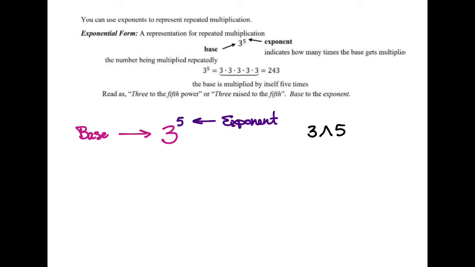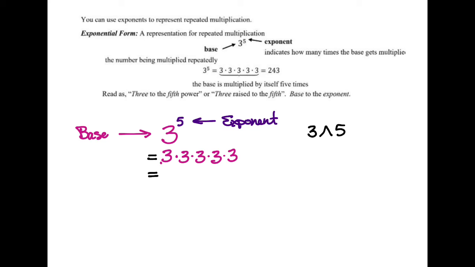So what does it really mean? The little 5 up here at the top tells you how many 3's are going to be multiplied together down here. So we have 1, 2, 3, 4, 5 3's multiplied together. You can type it in a calculator to get the actual answer, but not in this unit because you have to actually figure it out.